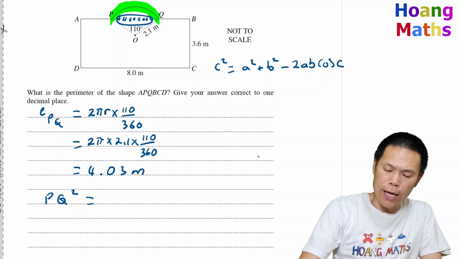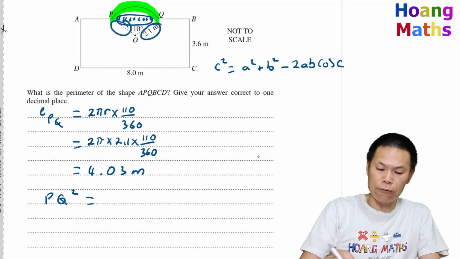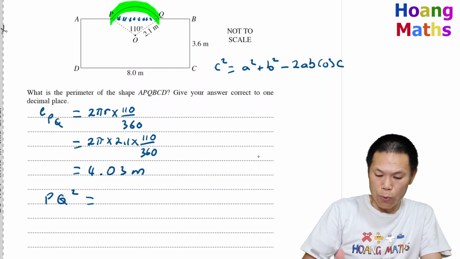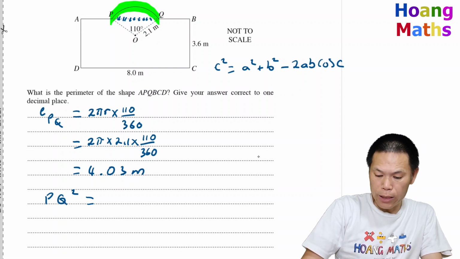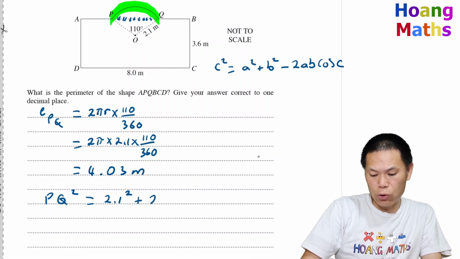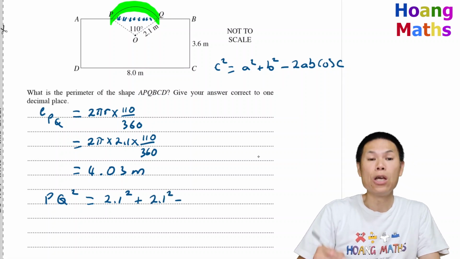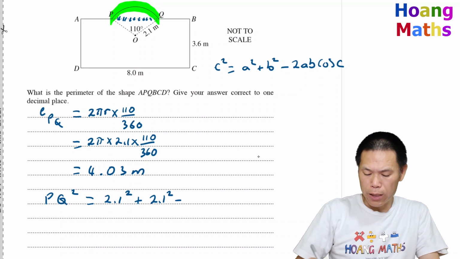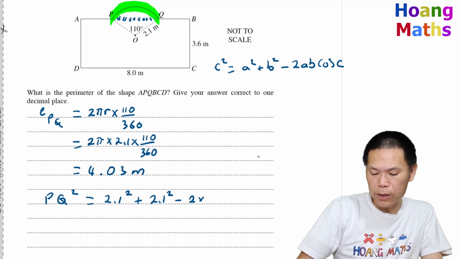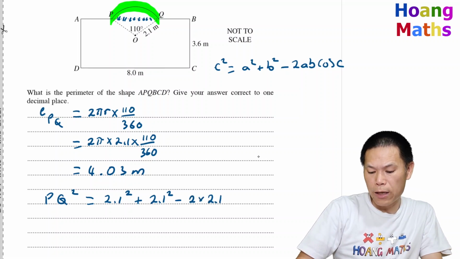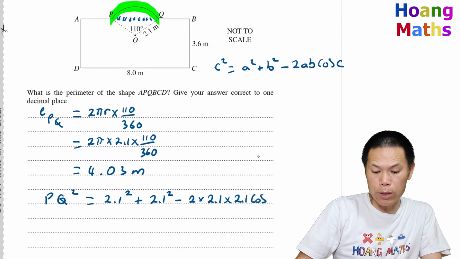A and B are the same, they are both the radius of the circle, 2.1. So 2.1 squared plus 2.1 squared minus 2 times 2.1 times 2.1 times cos of the angle in between, 110 degrees.